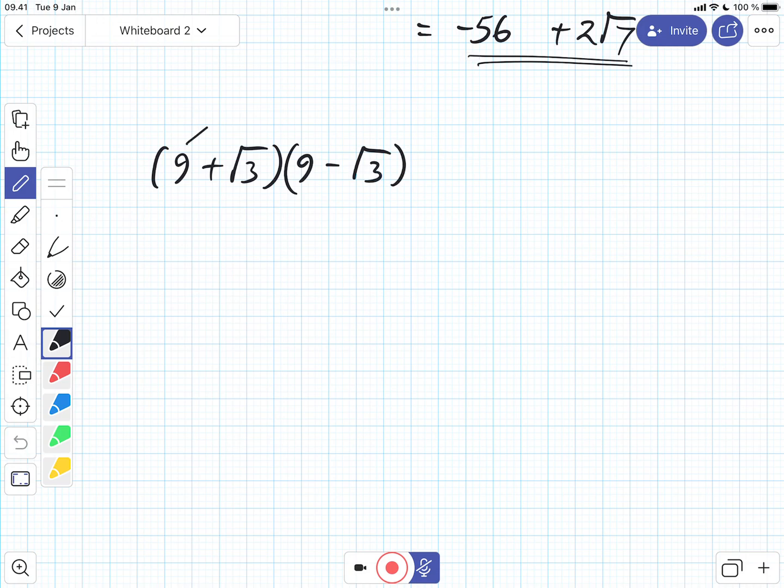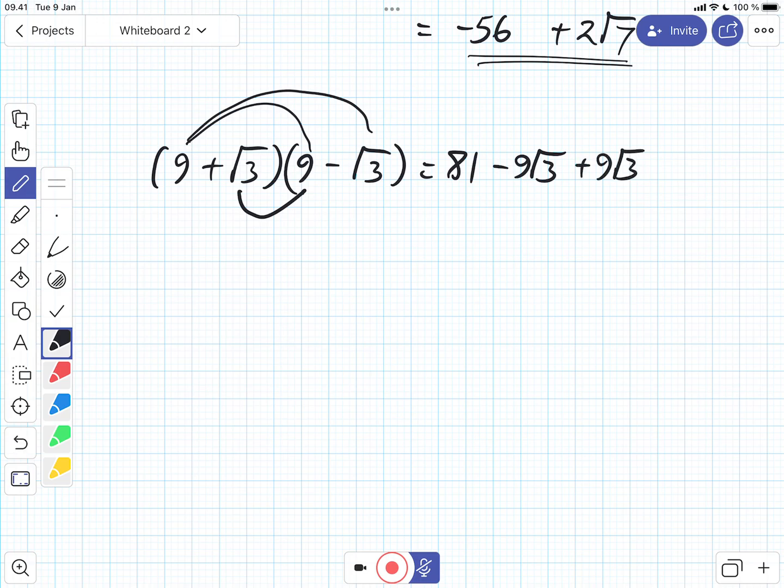So the 9 times 9 is going to give us 81. The 9 times minus root 3 is going to give us minus 9 times root 3. The other root 3 times the 9 in the other bracket will give us plus 9 root 3. And then finally, the root 3 times minus root 3 is going to give us minus root 3 root 3. So here's the interesting thing that happens.